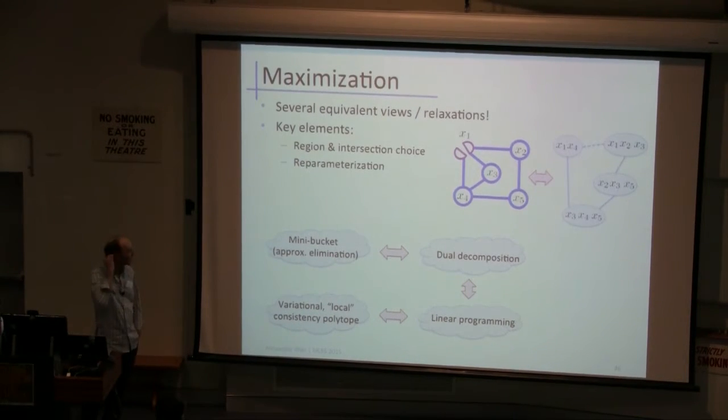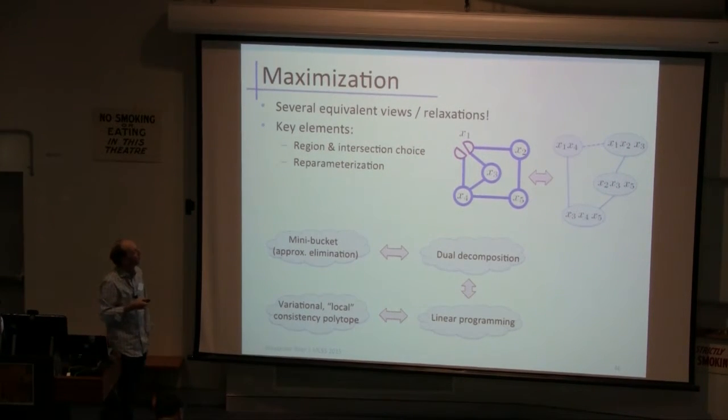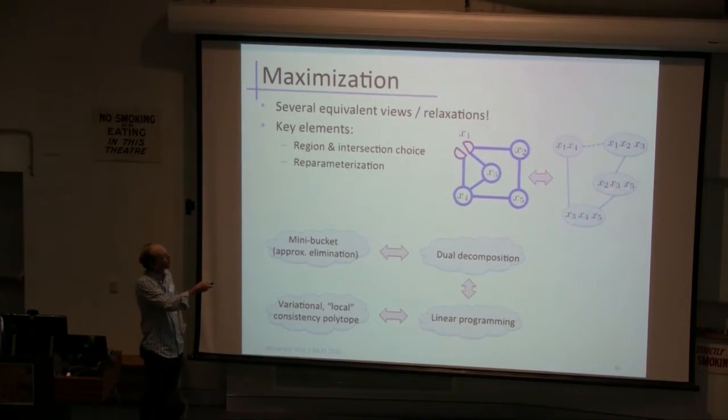So the key takeaways about all of these methods is that what's really critical in the approximation is just the region and intersection choice. So what cliques of variables will I reason about jointly? Looking at this mini bucket relaxation, when I decided to reason about x1 with x2 and x3 together, effectively I'm deciding on these groups of variables to reason about jointly, and then using reparameterization to try to optimize the bound that's formed by those groups.